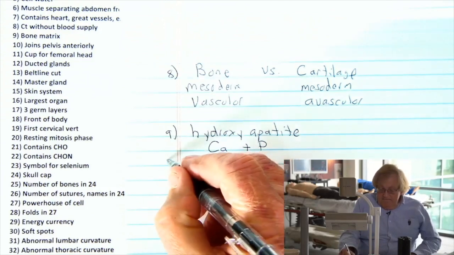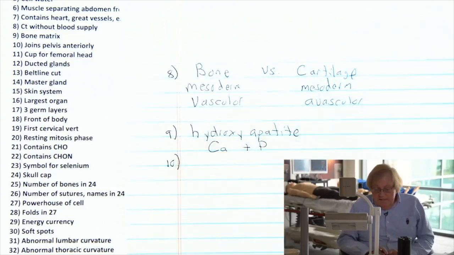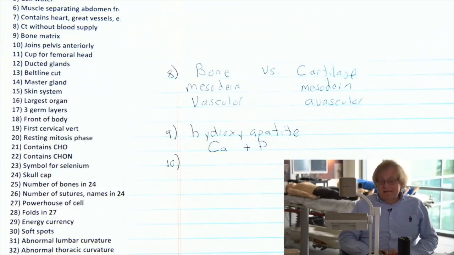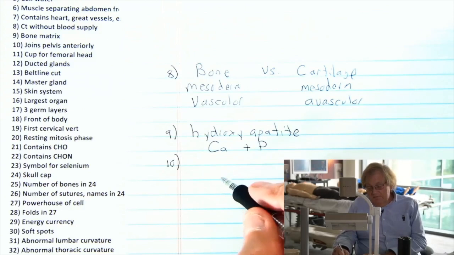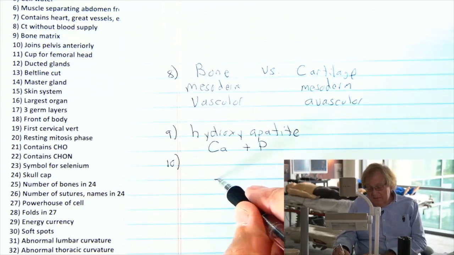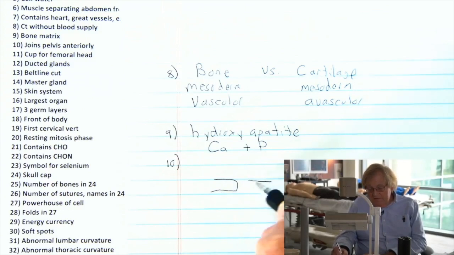Number 10 is joins the pelvis anteriorly. Well, if you think of the pelvic girdle, as the pelvic girdle comes around the front of the body, it's actually going to be joined by a fibrocartilage disc.